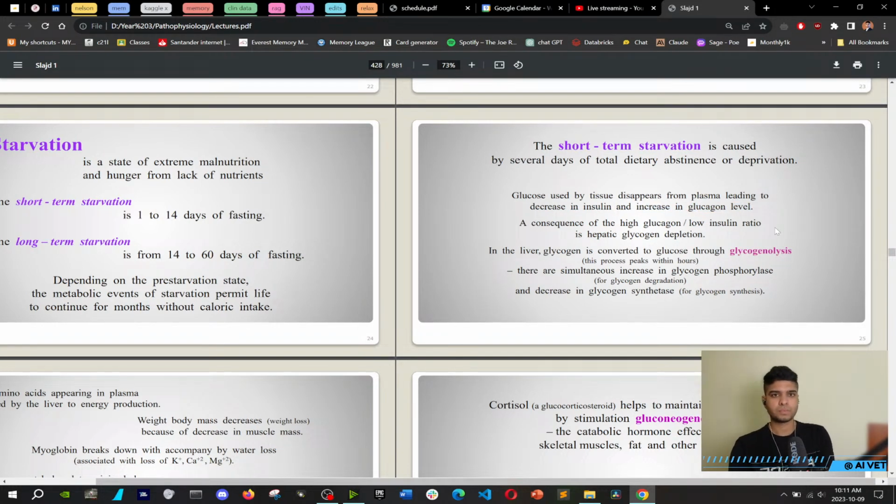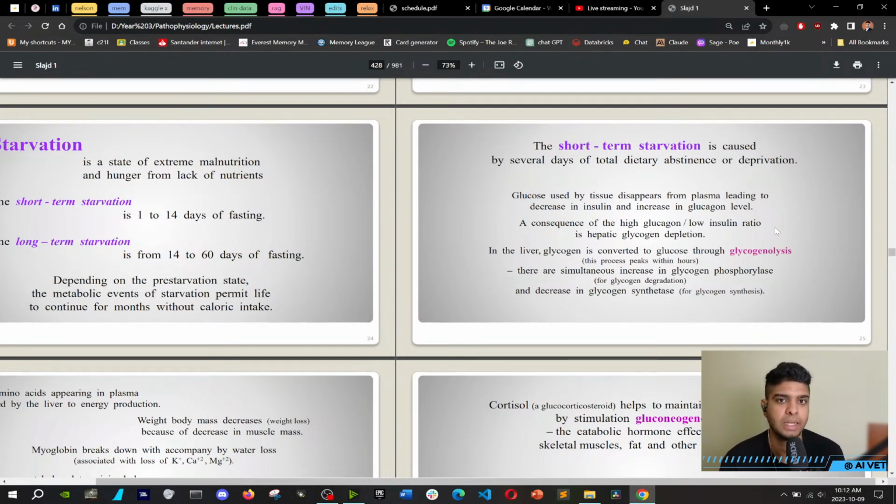Glucose used by the tissues, needed by the cells, muscles and all the other organs, disappears from the plasma, leading to a decrease in insulin and an increase in glucagon levels. A consequence of a high glucagon, low insulin ratio is hepatic glycogen depletion.